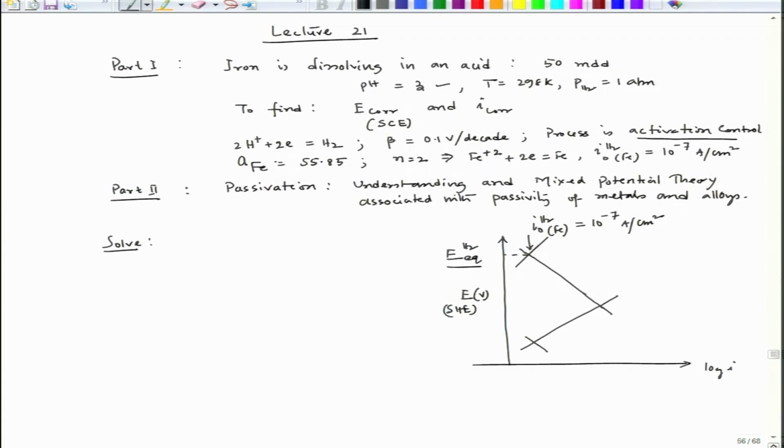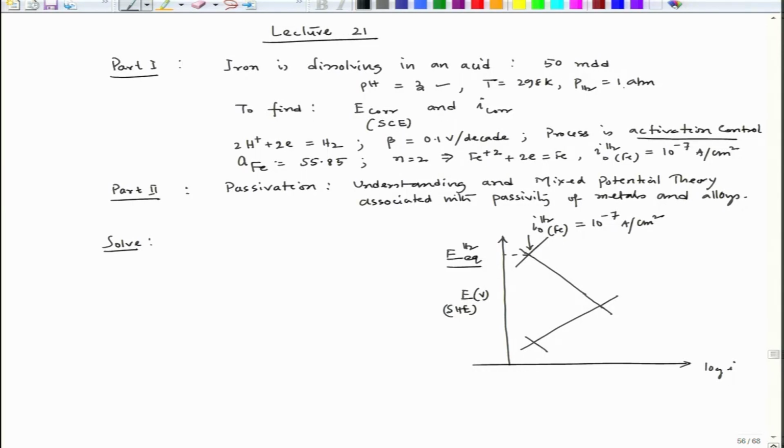If it is not 1 atmosphere, then the calculation becomes a little tricky, because that time we have to consider the Nernst equation with the partial pressure of hydrogen also.